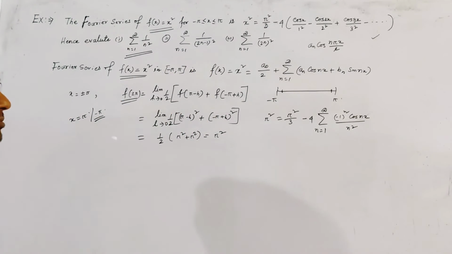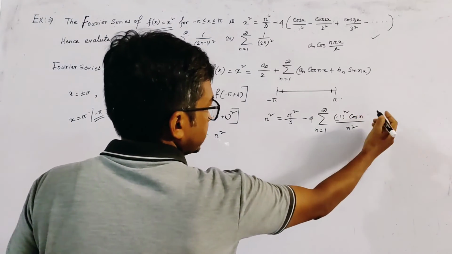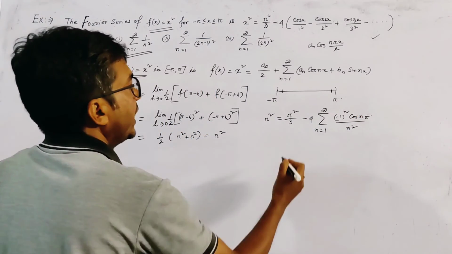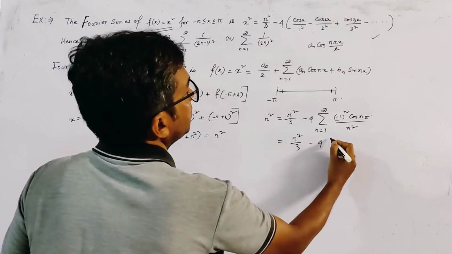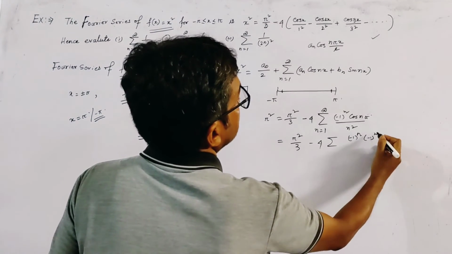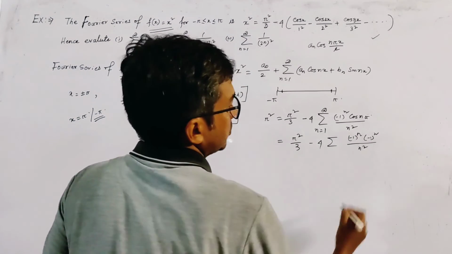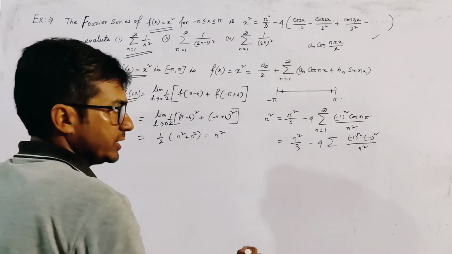We put the value x equal to pi, and we get pi square by 3 minus 4 into summation minus 1 to the power n into minus 1 to the power n by n square, because cos n pi is also minus 1 to the power n.